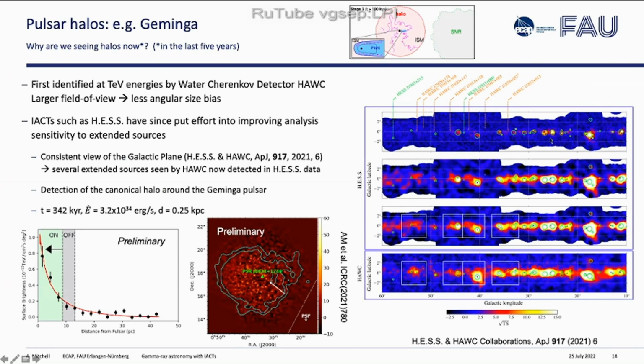And the second is that some regions which were well resolved actually become less well resolved in the HESS data. So there's pros and cons of using both approaches here. And by adapting some of the background analysis techniques, it was possible to show that extended emission around the Geminga pulsar is also detected by IACTs. And you see the extreme extension compared with the PSF of the instrument.